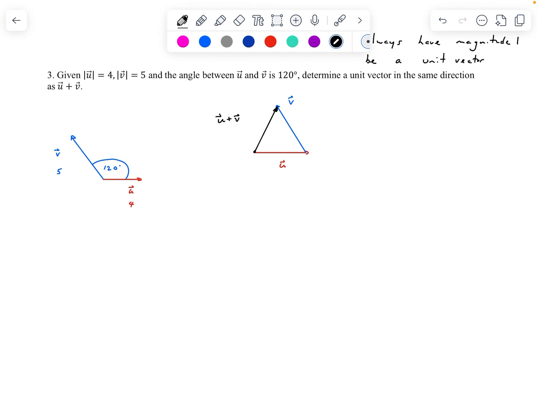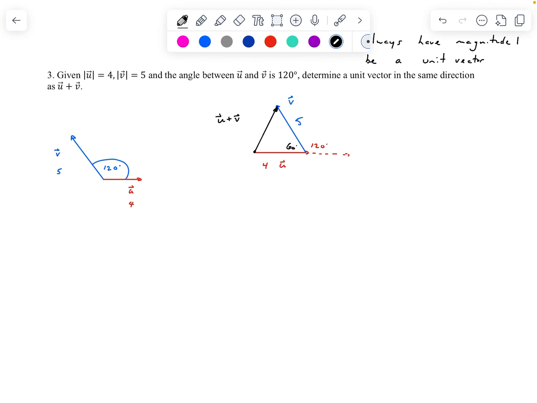Now, which angle in this triangle do I know? Well, I know if I continued U like that, this angle is 120. The question told me that. So this angle here is 60. Okay, and I know this side is 5 units long, and I know this side is 4 units long, so this is a cosine law question.